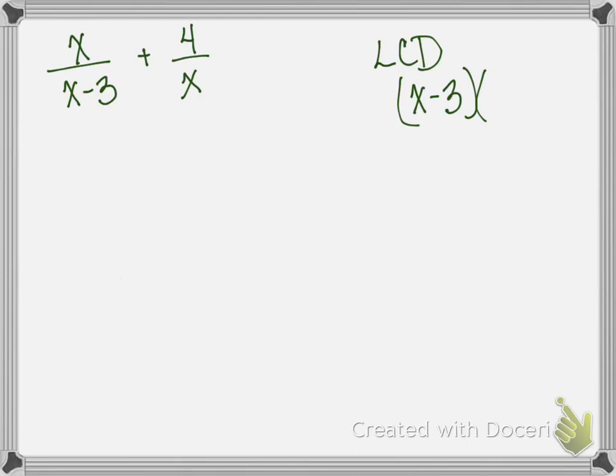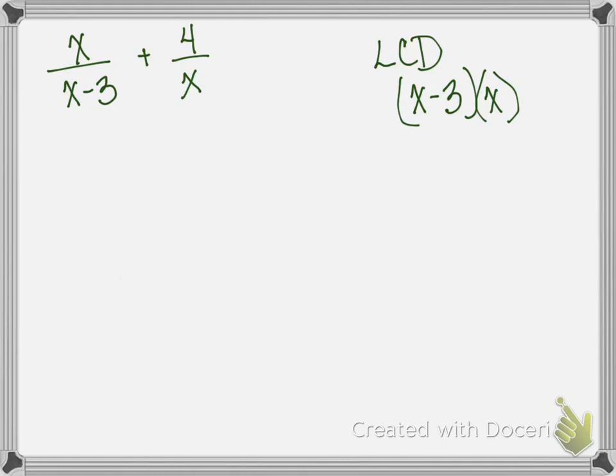What's in the second fraction? An x. That's my LCD right there. Okay, I've got to account for both. X and x minus 3 are two different factors. The x minus 3 is a binomial that has to stay together.